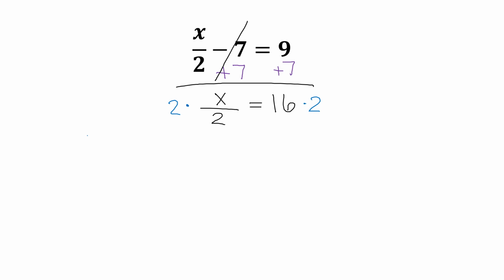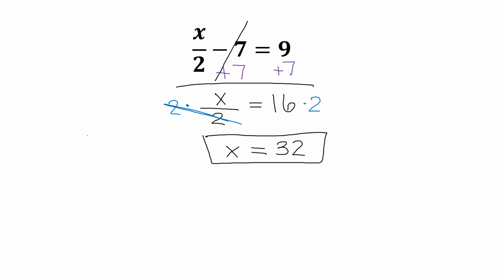So 2 multiplying and 2 dividing will cancel each other out. So we're left with x equals 16 times 2. 16 times 2 equals 32. X equals 32.